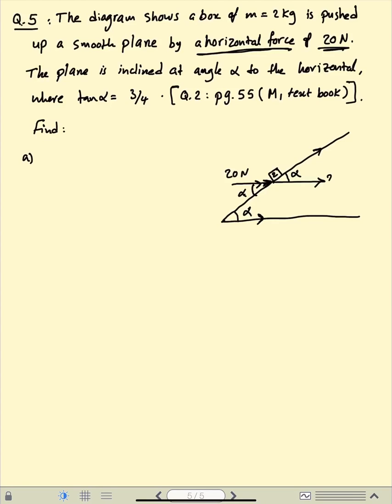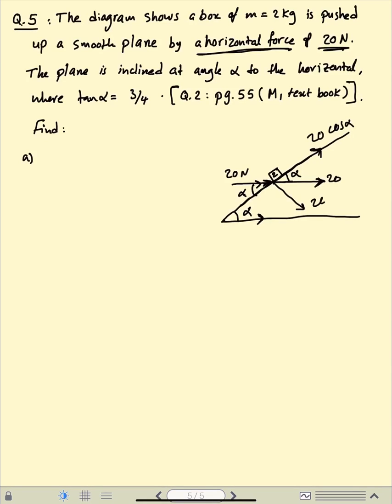This is 20 here. And again, this is an inclined plane. So this 20 newton does not affect the motion. What are the forces or components that affect the motion? Its components. One adjacent, this is the angle alpha, and one opposite or perpendicular. So this one is 20 cosine alpha.